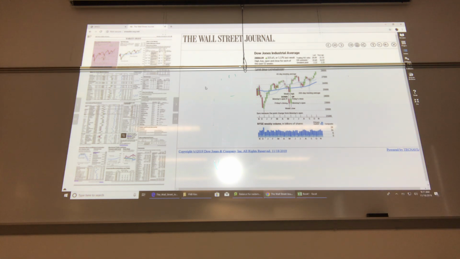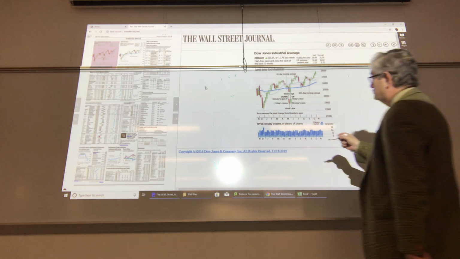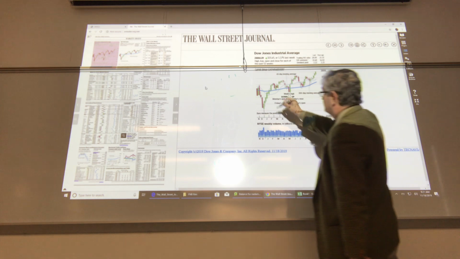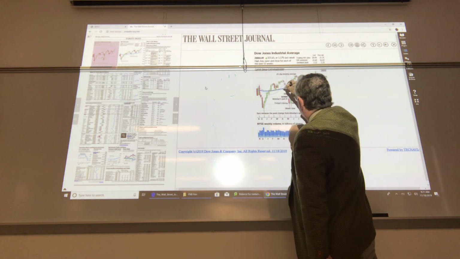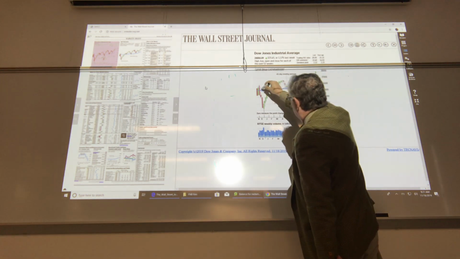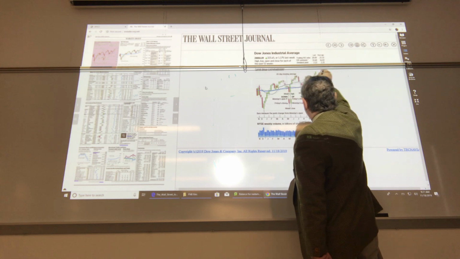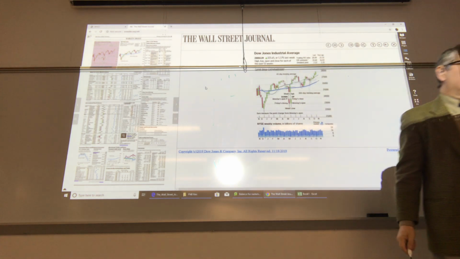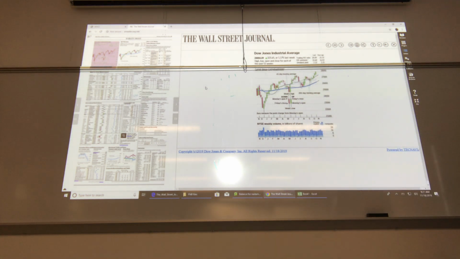The next thing I would like to do is focus on two different graphs, in this particular case and in that particular case. These are moving averages, and I want to know what is an average. And if I know what is an average, then I would like to say what is a moving average.